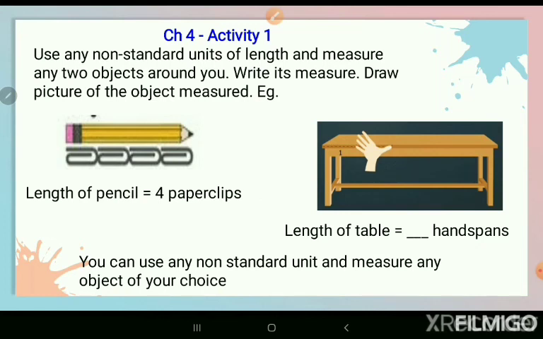Or you can measure the length of the table with the handspan and count how many handspan and write here. You can take any object. Not necessary you have to take pencil or table, or you have to use paper clip or handspan. You can use anything, like you can use a cup for measuring the table, you can use your foot span for measuring the room. Anything, you just draw it, make it beautiful and write as it is given in the example.